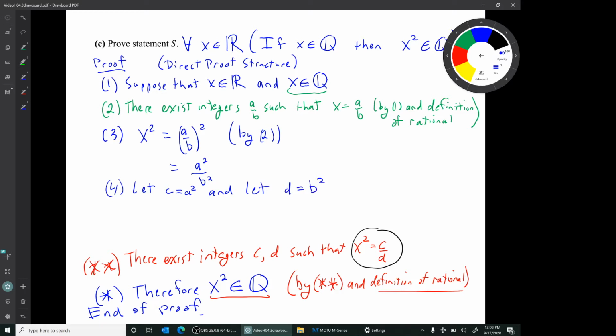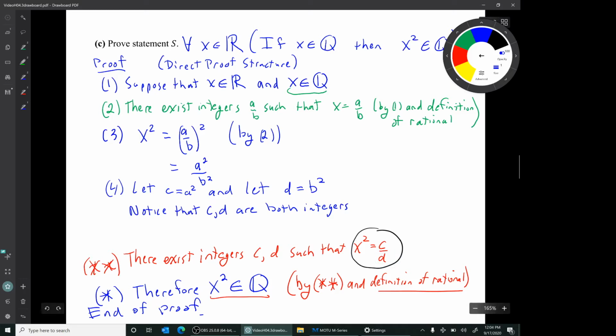Notice that we do need to say very clearly that c is an integer. And we also need to say something else. We want d to be qualified to be in the denominator of a ratio, and it has to equal some real number. So d is going to need to be non-zero.